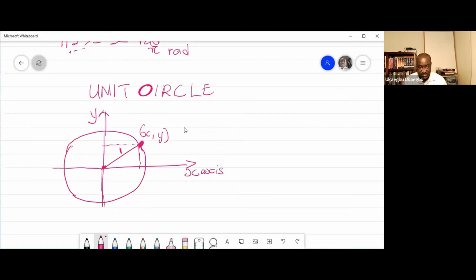So what that means is that in this circle, you started at this point, you moved all the way, you created a unit circle, which is radius 1, and you created also an angle that is theta, unknown angle.